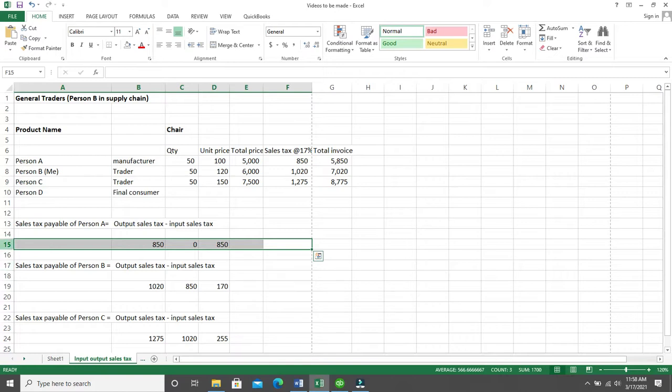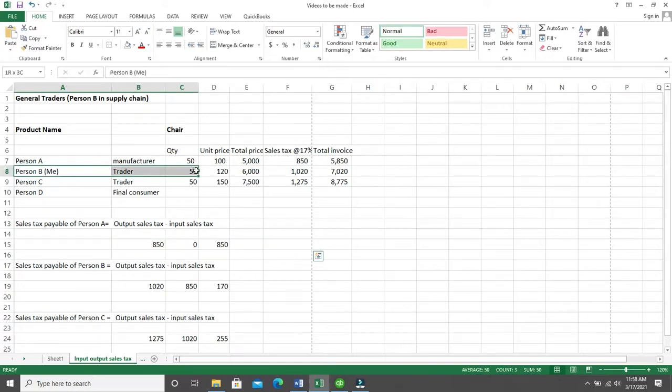He shall pay this 850 sales tax, and he has not paid from his own pocket because he has charged this tax to me, that is his customer. I am his customer, general trader, and this is me.